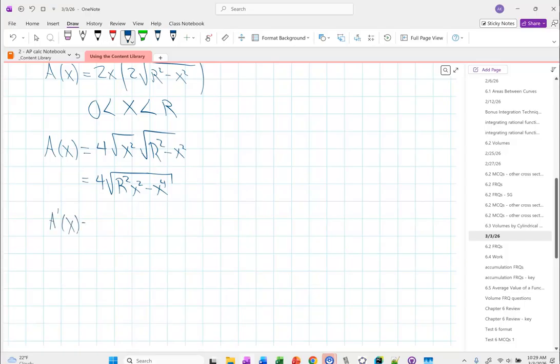So now if I take the derivative, no way to get rid of the chain rule. So the derivative of the outside: four times 1/2 the inner stuff to the negative 1/2 times the derivative of the inner stuff.